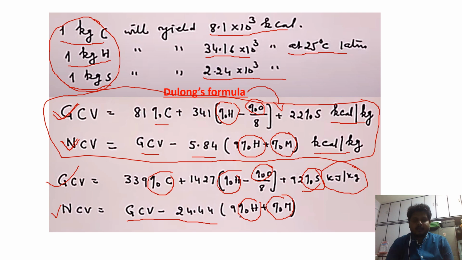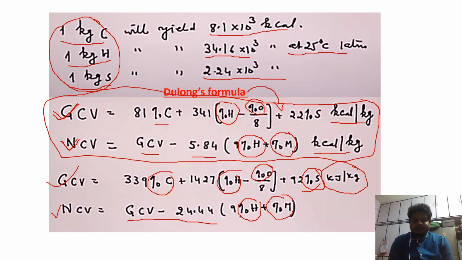Here also we directly substitute the percentage of hydrogen and the percentage of moisture to get the net calorific value in terms of kilojoules per kg. So using the above equations, we can find the gross and net calorific value in terms of kilocalories per kg or kilojoules per kg.